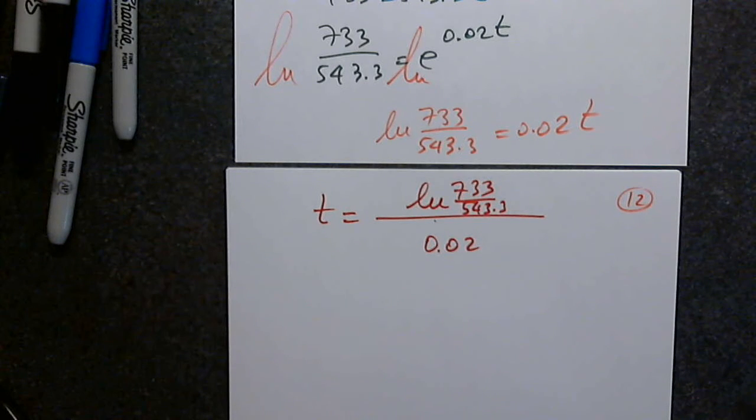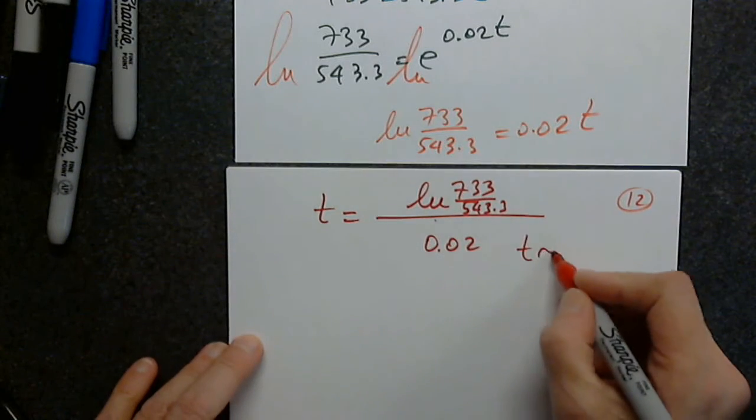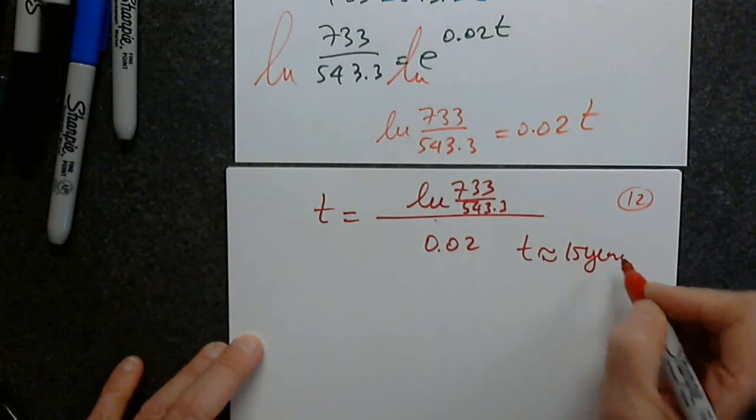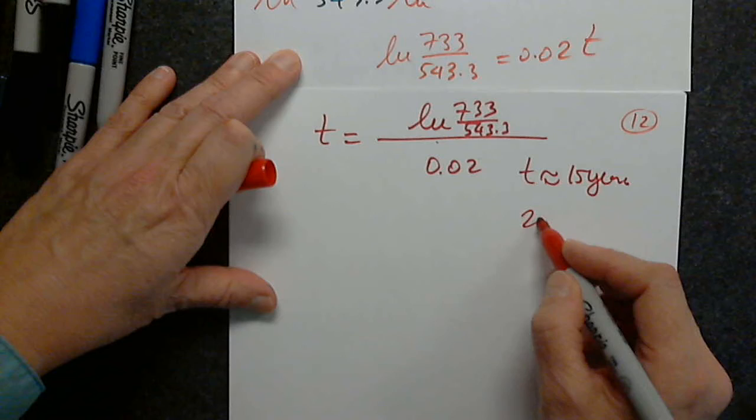Close the parenthesis and we divide by 0.02. So roughly 15. 15 what? Yes. So also that's 2018.